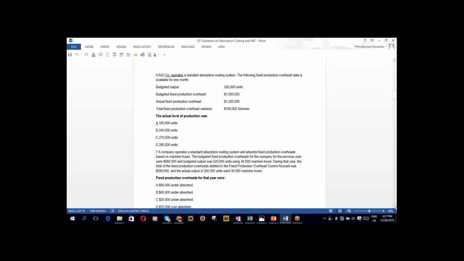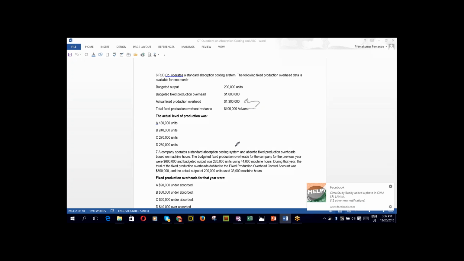What we have is the budgeted output, which is 200,000. Actual fixed production overheads are 1,300,000. Total fixed production overhead variance is 100,000. So from these you can get something. Actual is 1,300,000, the variance is 100,000.